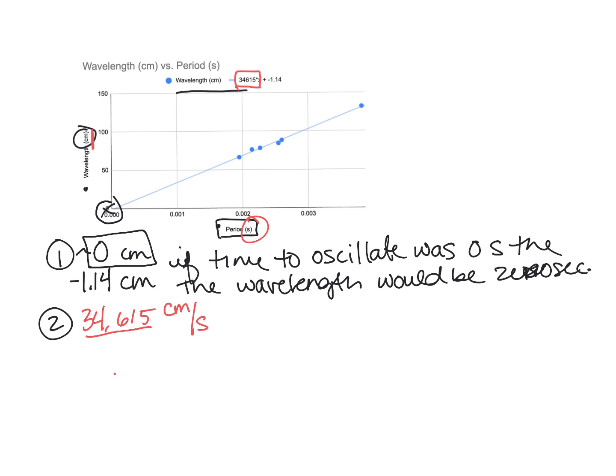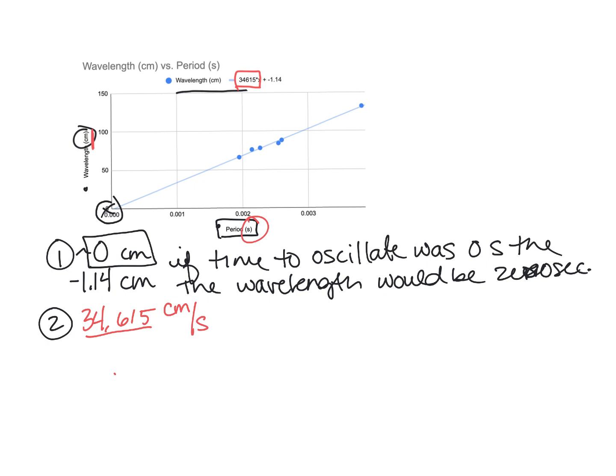Now this number here is my slope. No one should have that exact slope, but it should be a ballpark somewhere around 40,000. And a lot of kids yesterday when they found their slopes thought this was really, really big. But when we get to question 4, we'll talk about why this is a reasonable number.